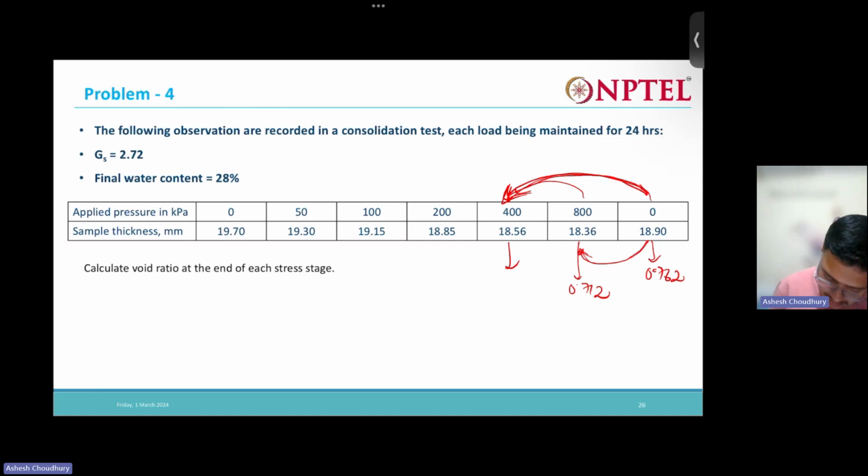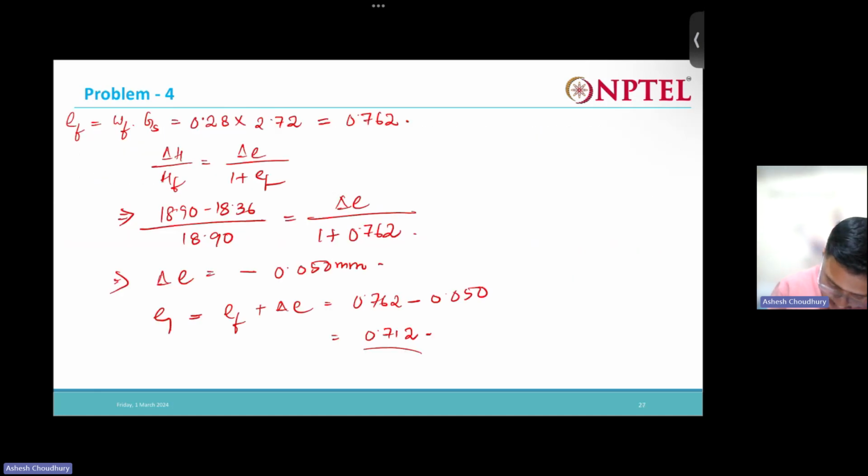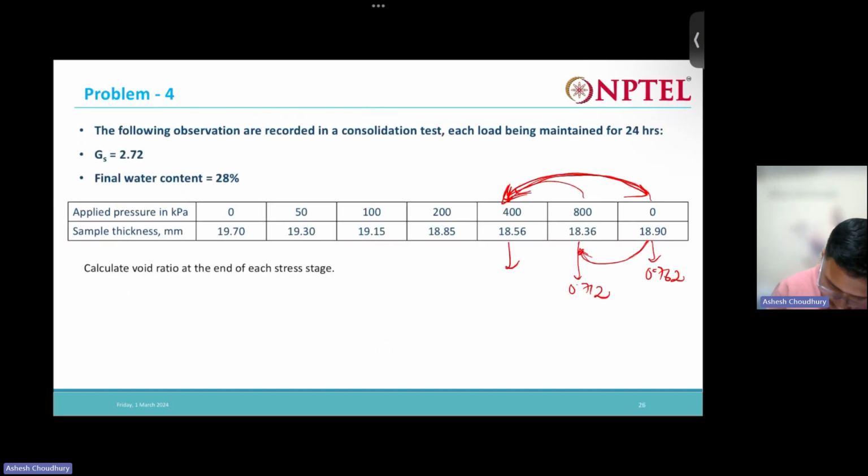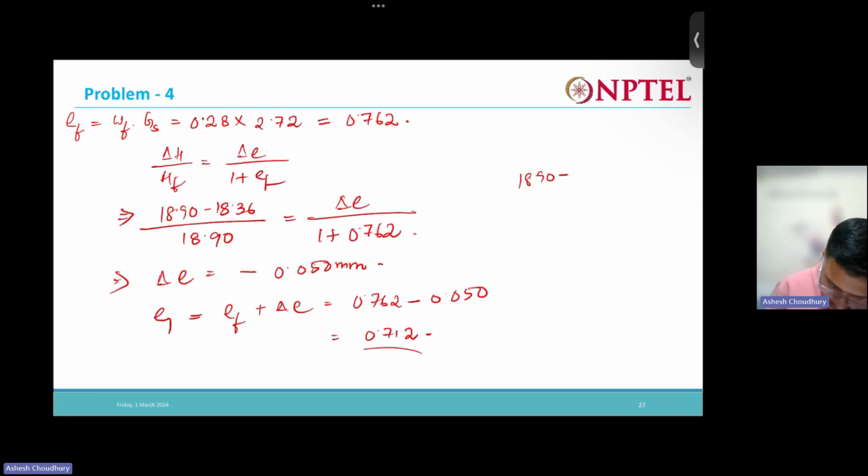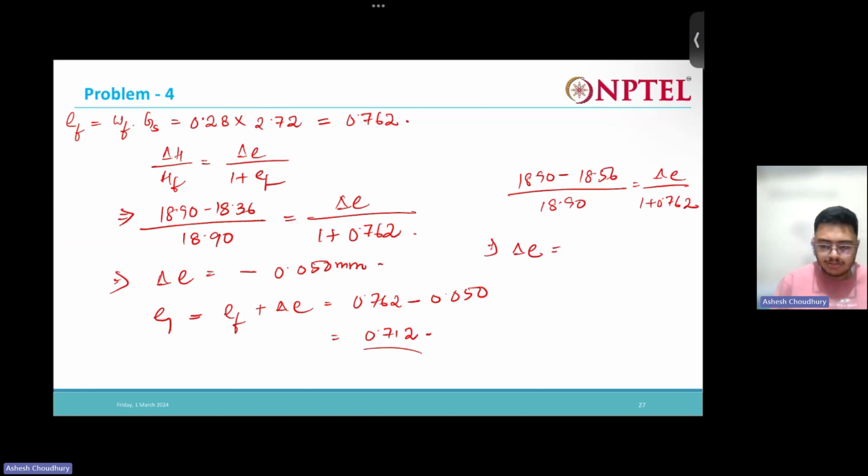So 0.90, 0.762. So delta E is going to come out as, please see how much it comes. Let me also calculate.